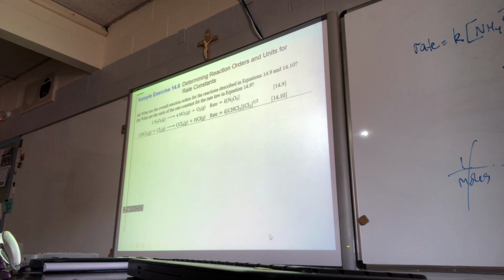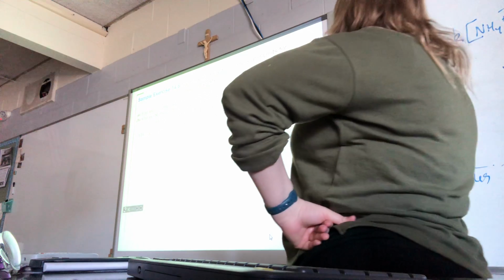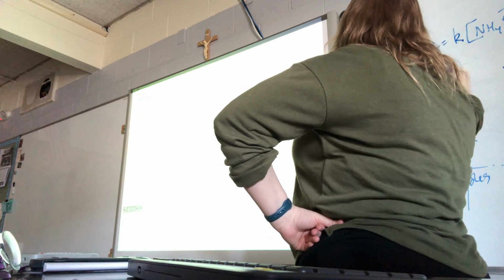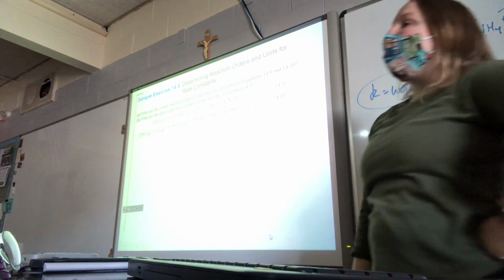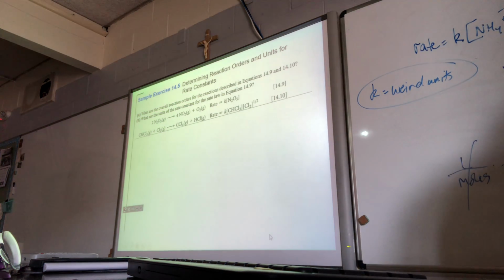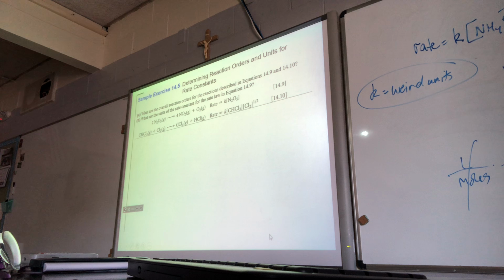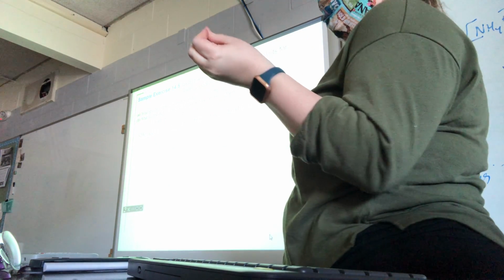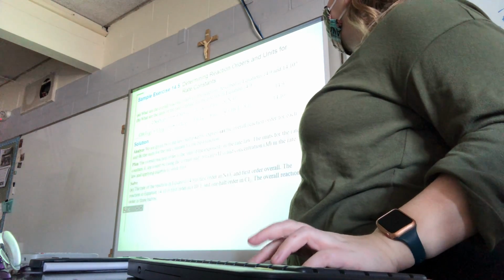When it comes to rate constants, the unit will change constantly. It will not be the same every time. K will change by the rate itself. Whatever the rate law is would determine units on K, is what we're saying. Okay? All right, so let's move on.